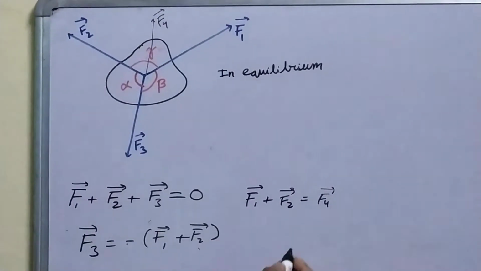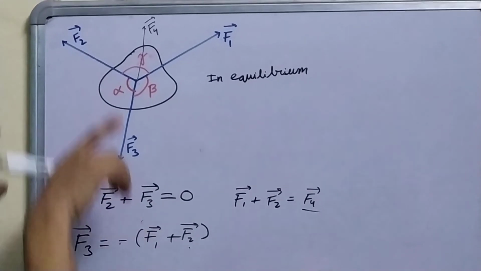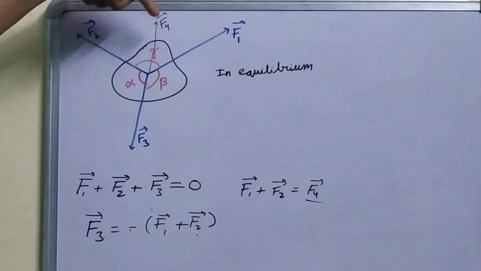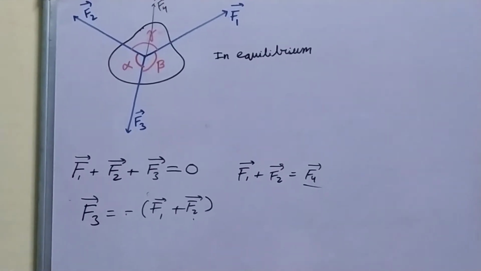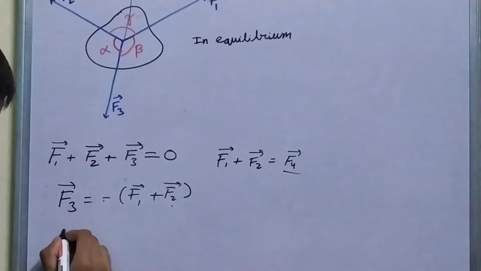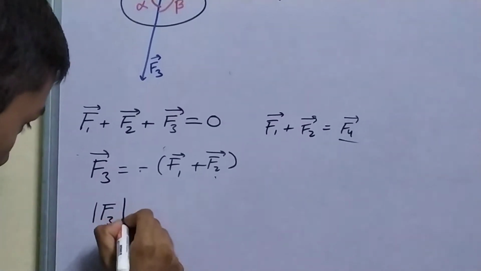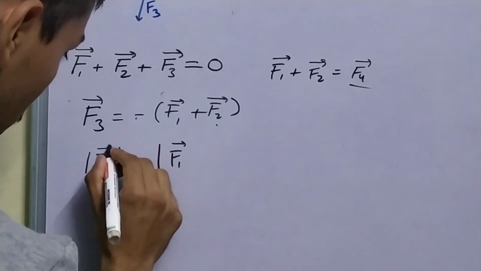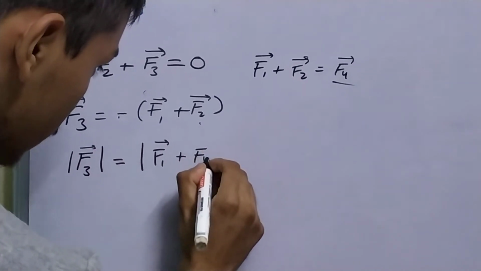F3 counteracts F4. So F1, F2 give F4, and you apply F3 in the opposite direction of F4, and the magnitudes have to be equal. So magnitude of F3 should be equal to the magnitude of F1 plus F2.